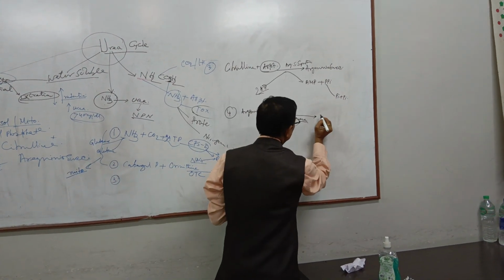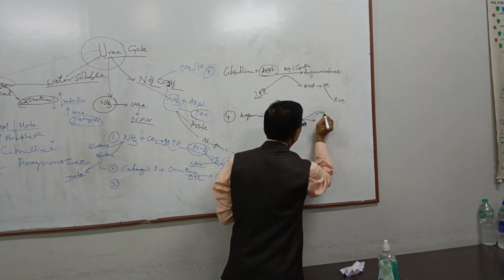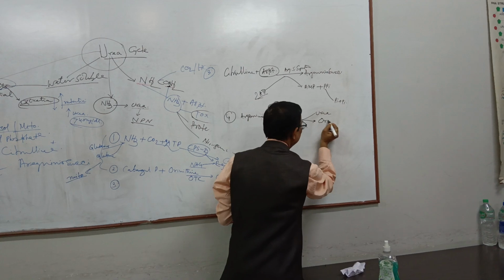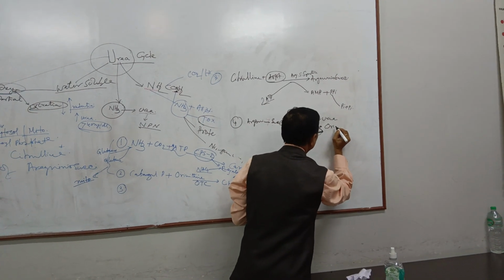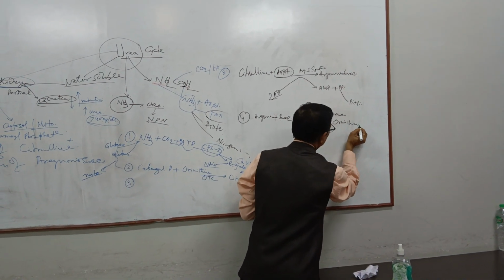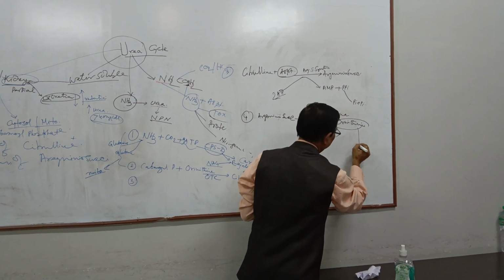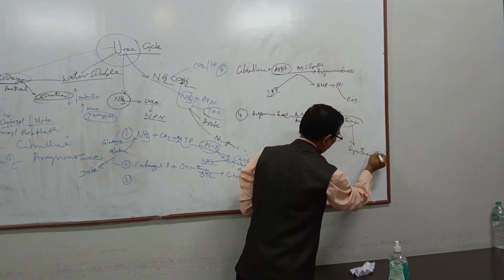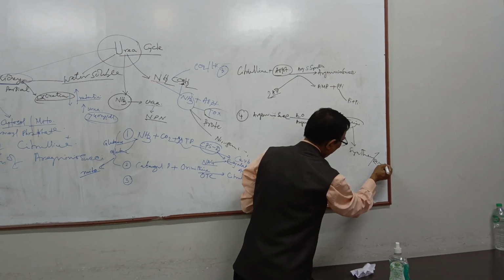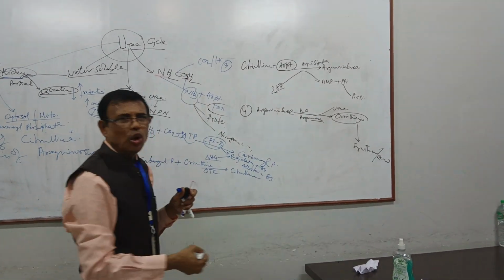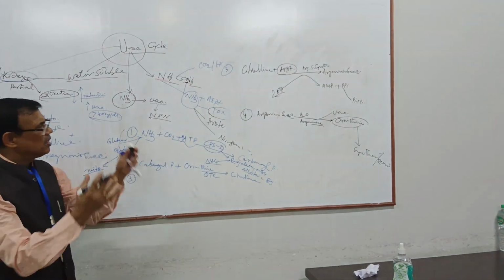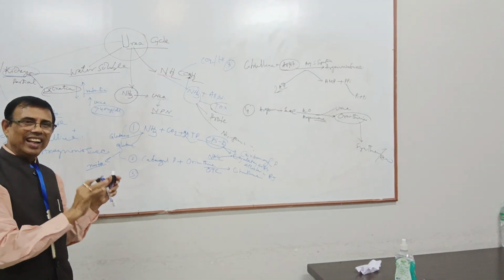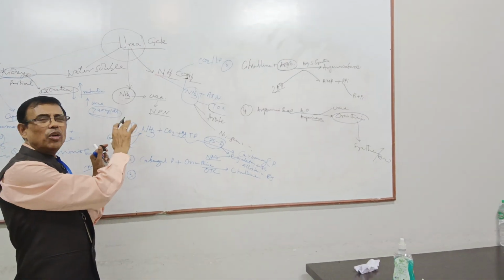So the urea will come out, and then again the ornithine will be formed, and it will go back into the system, reused, and another molecule of carbamyl phosphate, and the reaction will go on until the ammonia is completely detoxified.